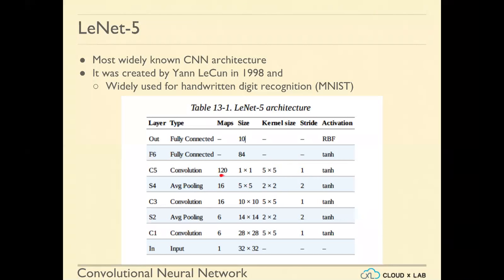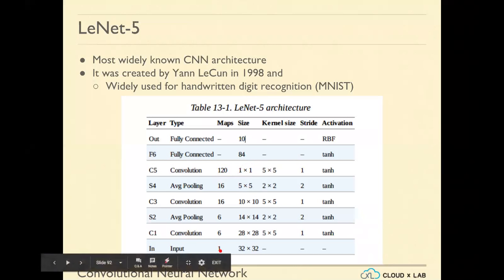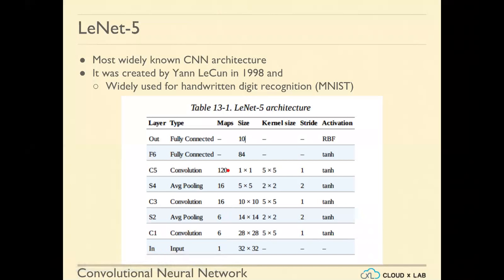So at this point, the z dimension became 120 in size, while the x and y became 1 pixel each. From the input, where the z dimension was 1, as in there was no color, it was grayscale, it grew into 6, then 6, then 16, then 120 in the last.